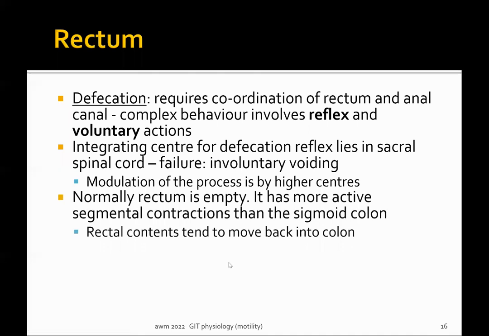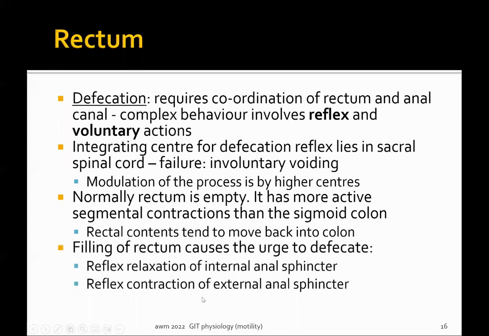Now, normally, the rectum is empty, okay? So you have content in all the other parts of the large bowel, but normally the rectum is empty. And this is because it has more active segmental contractions than the sigmoid colon. So what happens is that when the contents come to the rectum, they tend to move back into the colon.